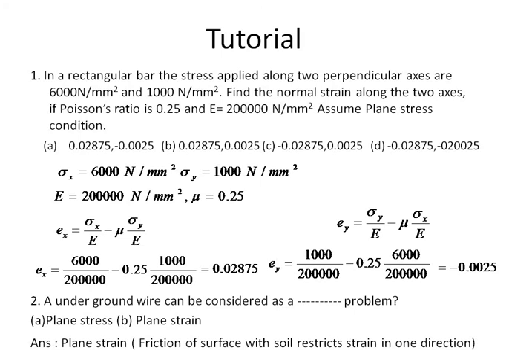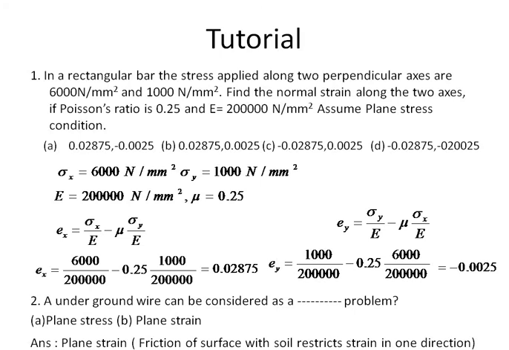In a plane strain problem, a dam problem was given as the example in the lecture. The main criterion is you have to constrain the movement in one direction, right? So in the underground wire, the friction of surface with soil restricts strain in one direction, that is along the length it is restricted from movement due to the friction of soil.